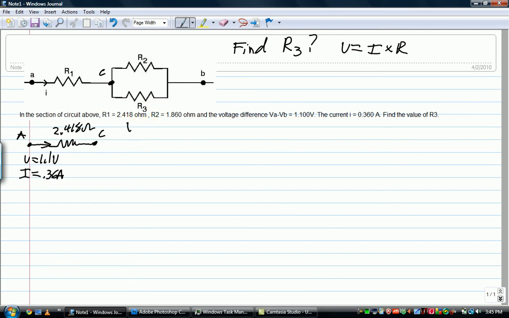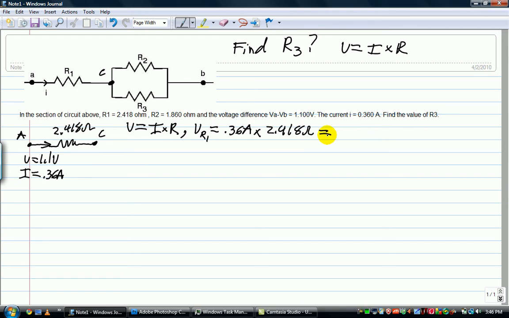Again, according to Ohm's law, voltage is equal to current times resistance. So our V sub R1 is equal to our current times our resistance. So 0.36 amps times R1, excuse me, which is 2.418 ohms.